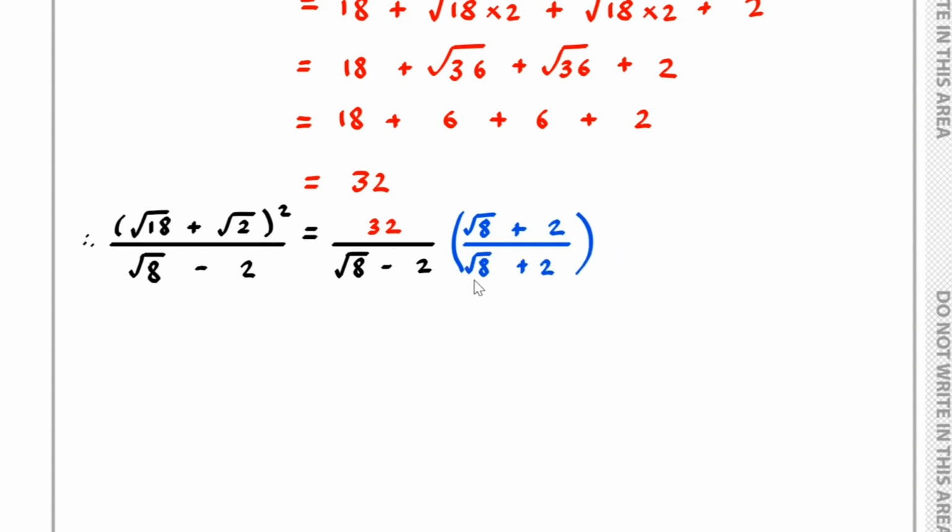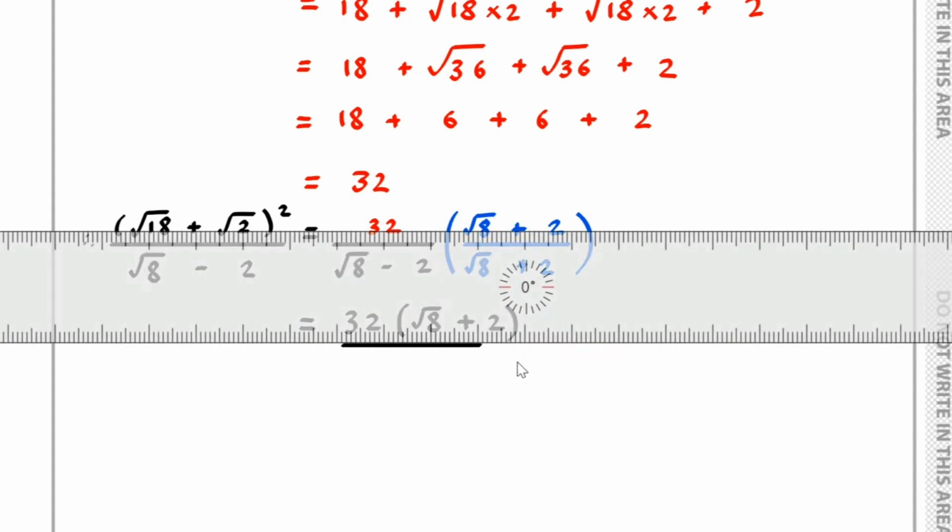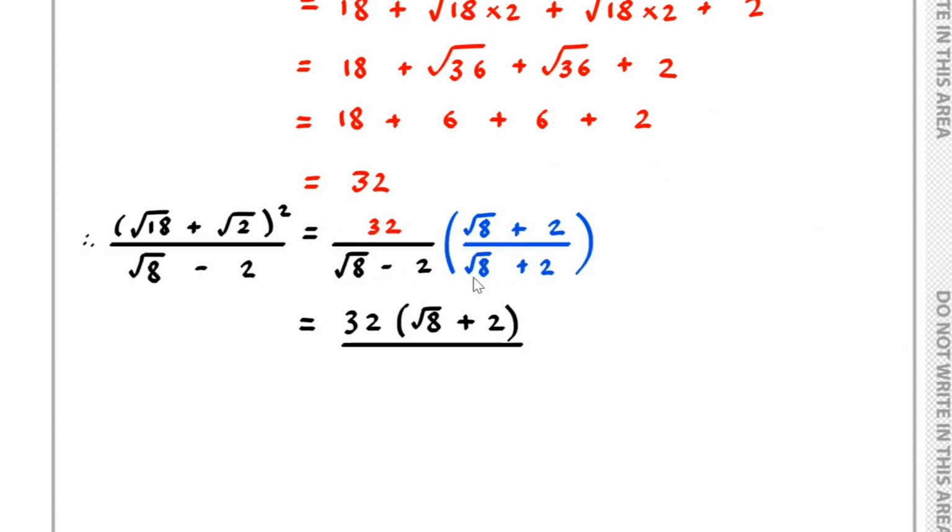It's effectively the same as multiplying by 1. So I have on the top 32 multiplied by root 8 plus 2, and on the bottom we have a difference of 2 squares. Root 8 times root 8 is just 8, and then minus 2 times 2, that's minus 4.